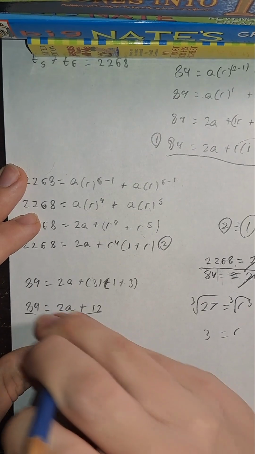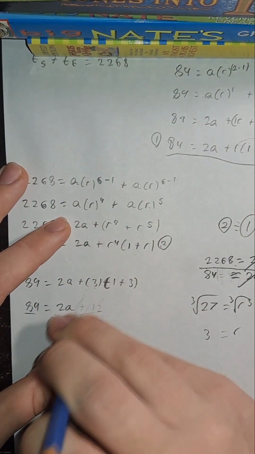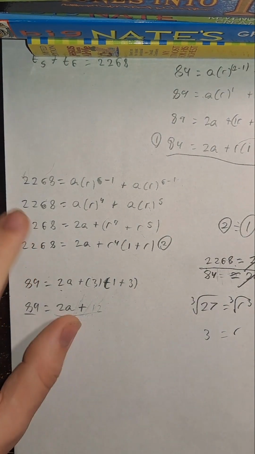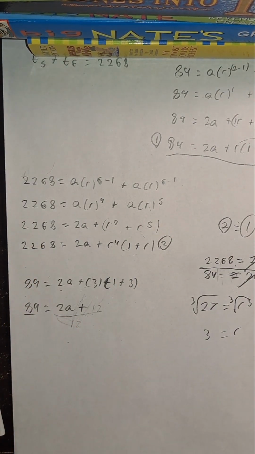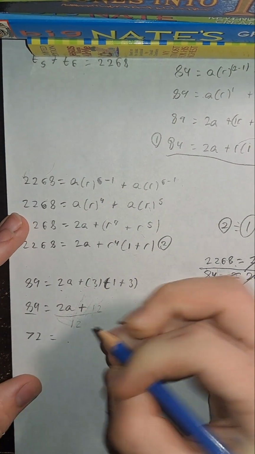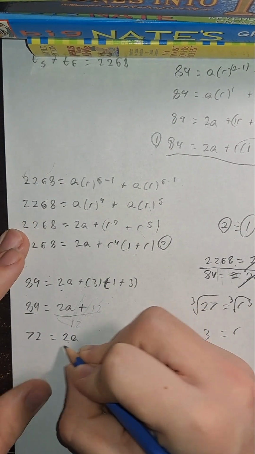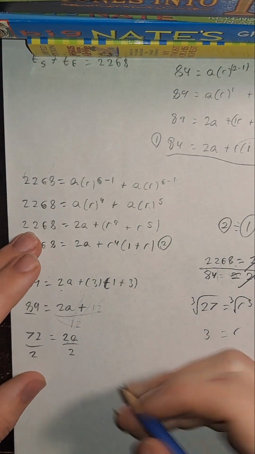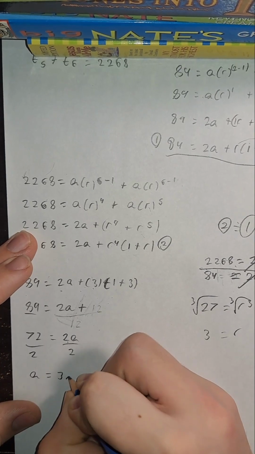Since it's a plus, we just subtract it from both sides. So 84 subtract the 12 is equal to 72, and then 2a. Then you divide off the 2, and a is equal to 36.